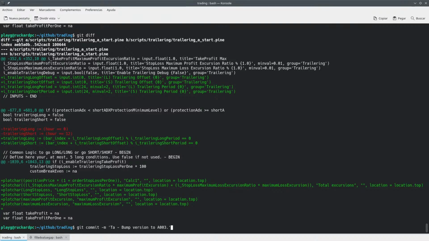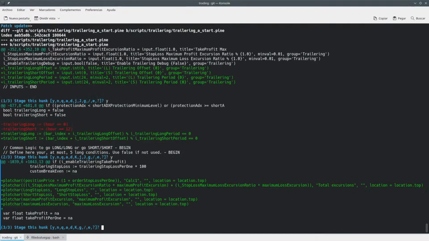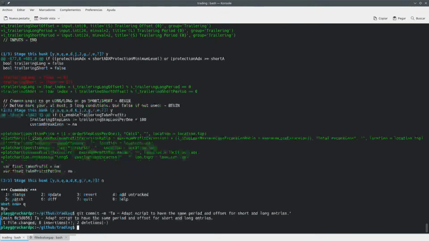I'm going to add this to whatever we have right now. This is about the script having constant, the same period, short, long, and okay.